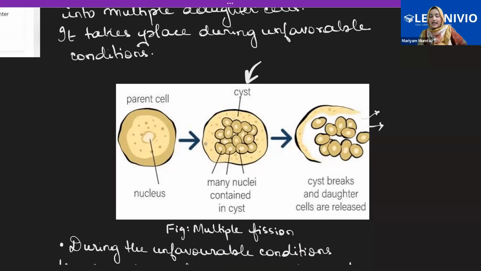Now, inside the cyst, that one nucleus starts to divide into multiple nuclei. And then, when the cyst breaks, the multiple nuclei, meaning the multiple daughter cells, are liberated. So this is multiple fission, which results in the formation of multiple daughter cells from one parent cell.